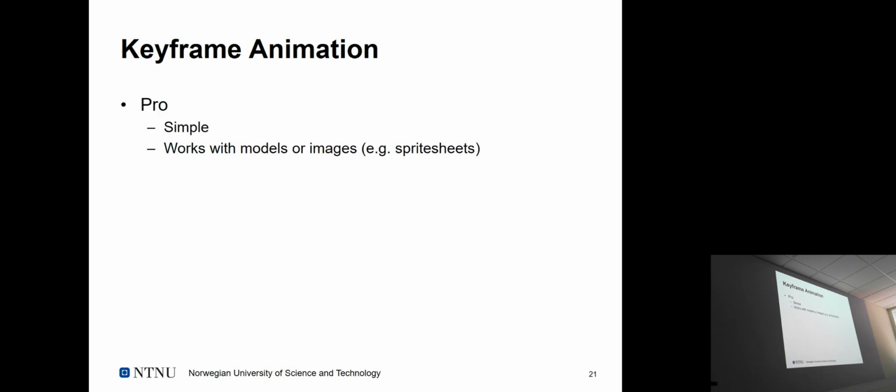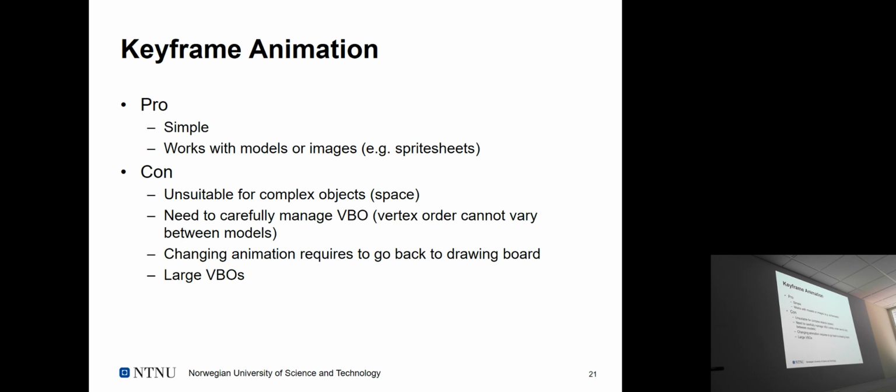Yeah, it's simple and you can explicitly work with the sprite sheets, so it's easy to see and understand what they are. But it's unsuitable for complex scenes, especially when lots of things are changing in the scene, because you need to have these changes in every frame and it's very complex to prepare. And if you want to change the animation later, you need to revisit the sprite sheet and change the actual images in it.